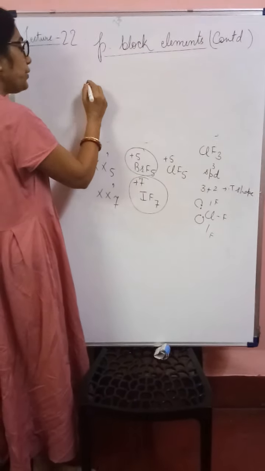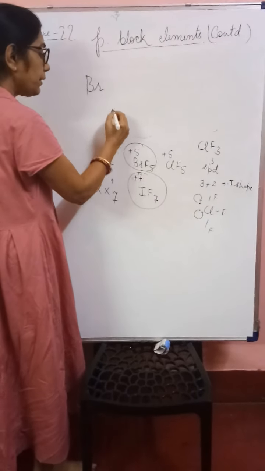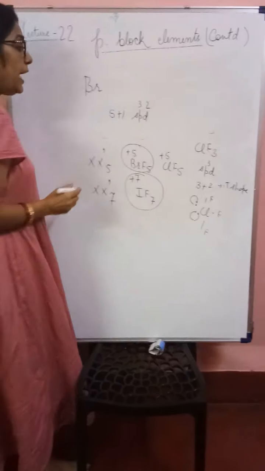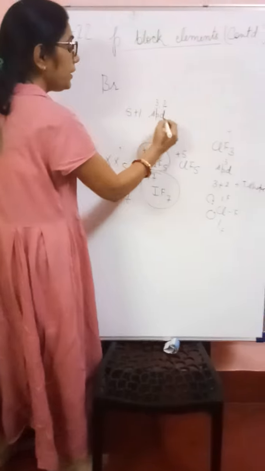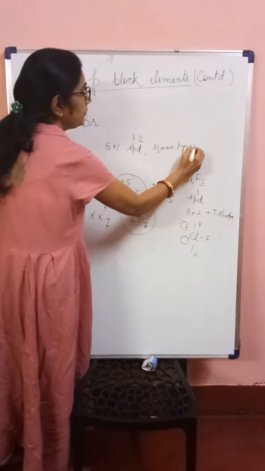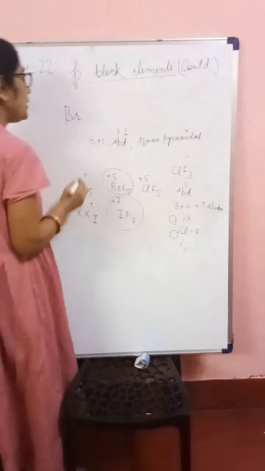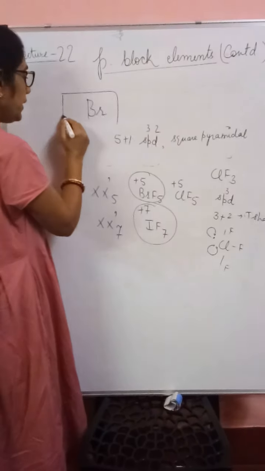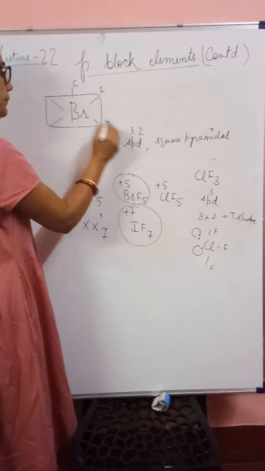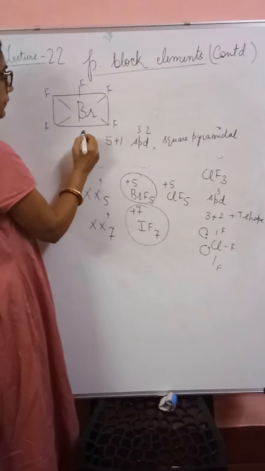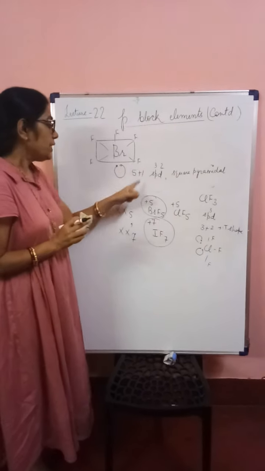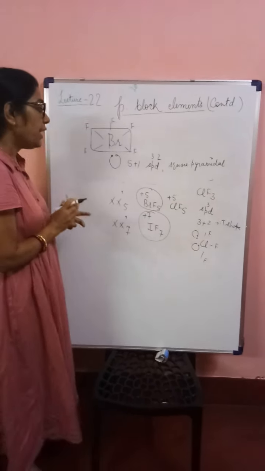So 5 plus 1 gives sp3d2, and with 1 lone pair the geometry will be square pyramidal. So this is the geometry of ClF5, BrF5, and so on.